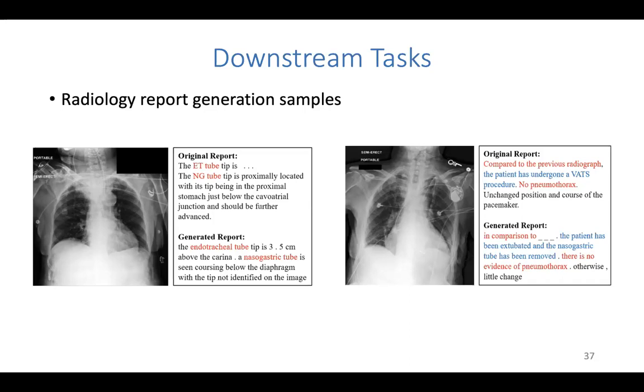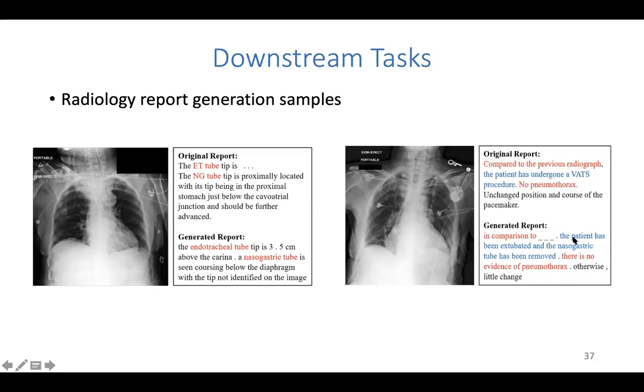And the same goes with the second example. This is a given ground truth image and the ground truth report, and it says that the patient has undergone a VATS procedure. I'm not sure what a VATS procedure is, some kind of cardiovascular procedure. And instead, the model's report says the patient has been extubated and the nasogastric tube has been removed. This is actually a part of the VATS procedure.